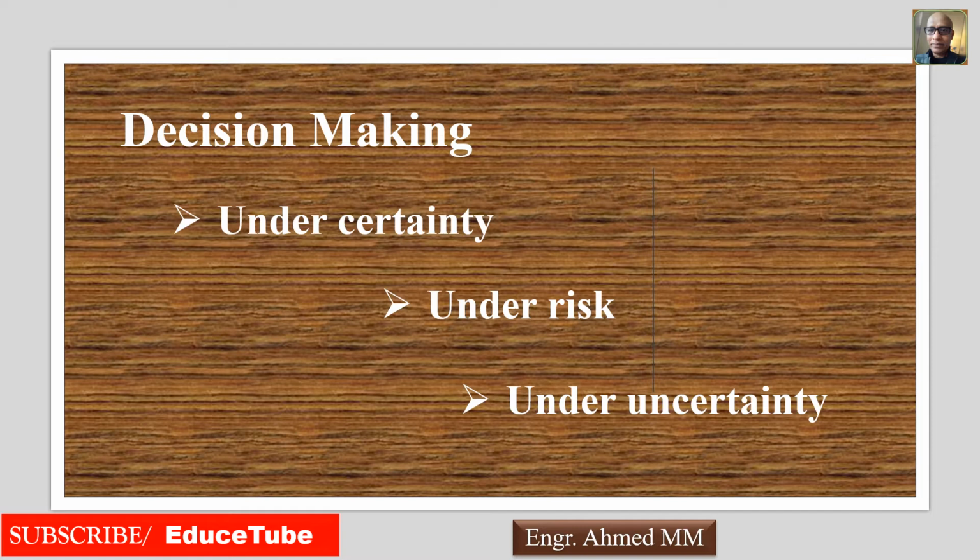So decision making under risk models assume that we do not know the outcomes for a particular decision, but we do know the probability of occurrence of those outcomes. It's a very important point.